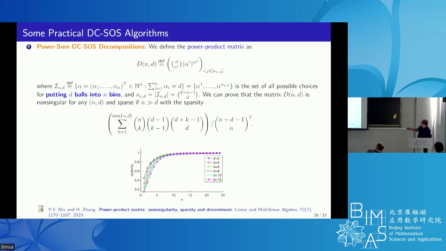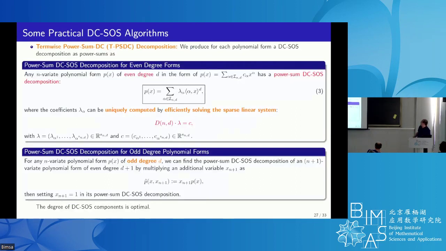And you can see that for many degrees d, if the number of variables is around 13 or 15, you get higher than 90% sparsity, meaning that the matrix whose inverse can be computed very effectively. Based on that, the coefficients of this decomposition are computed by solving this sparse linear system with a sparse solver.